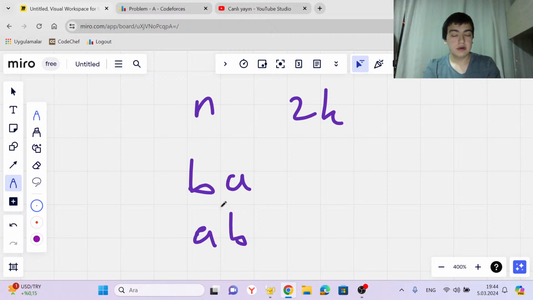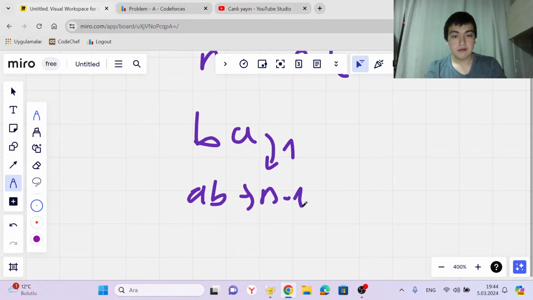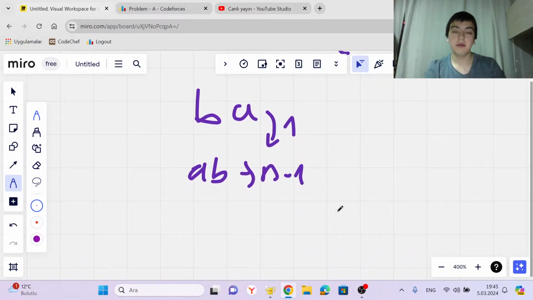So we should reverse this original string and apply operations on the reversed string. If the reversed version of our string is smaller than our initial string, we should reverse it. We make one operation to reverse our initial string, and so n minus 1 operations will remain.